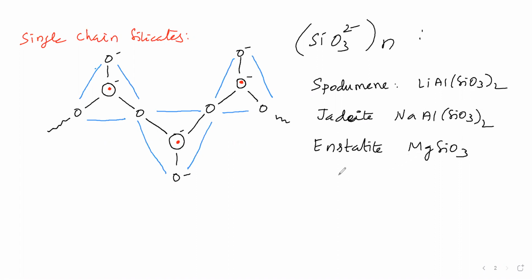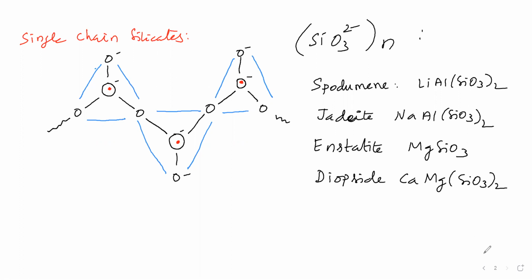Next, diopside. Its formula is CaMg(SiO3)2. Next, we will see about double chain silicates.